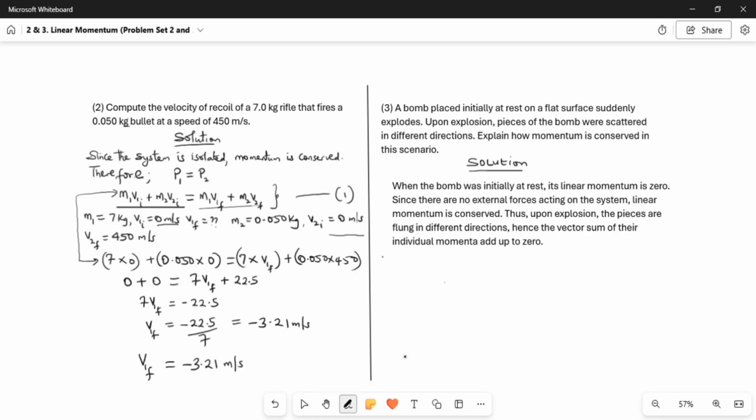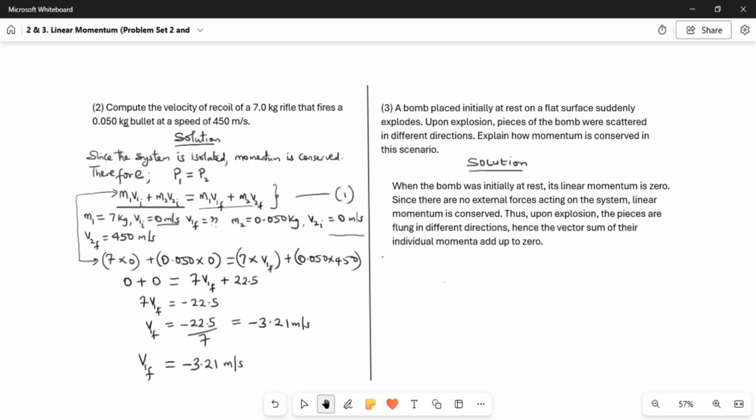So simply substitute this into the expression, and solving further gives us a final velocity of minus 3.21 meter per second. This is the velocity of recoil of the rifle. Why is there a negative sign? It implies that the rifle is moving in the opposite direction of the bullet.